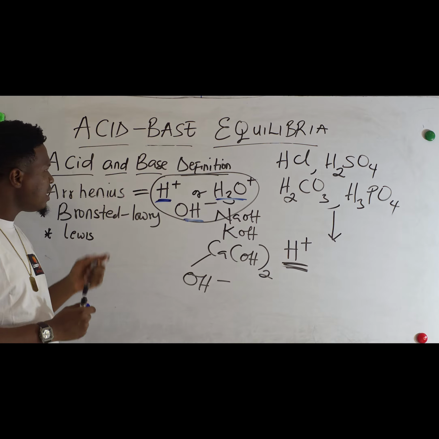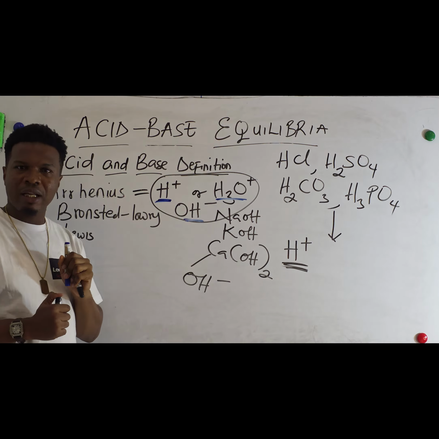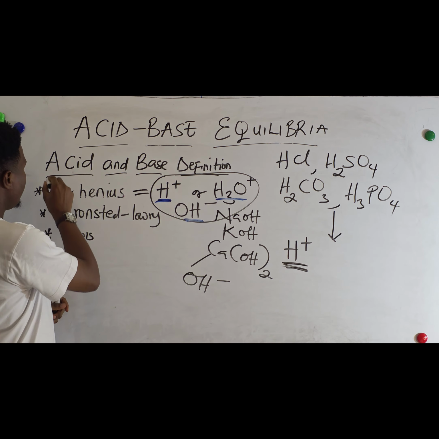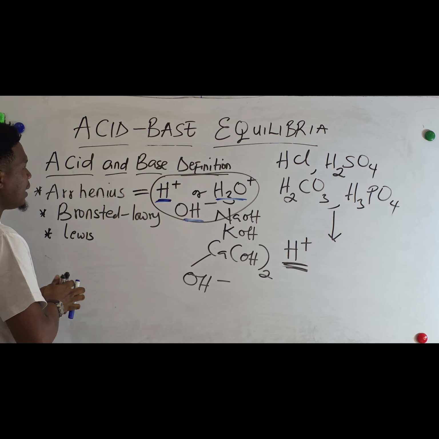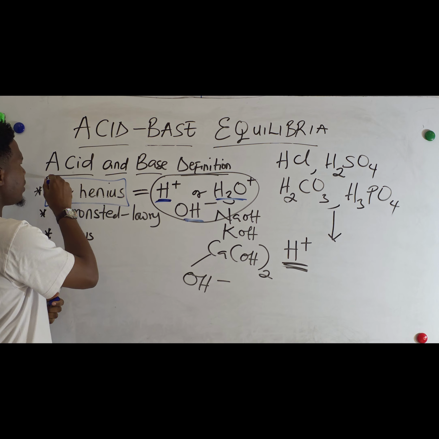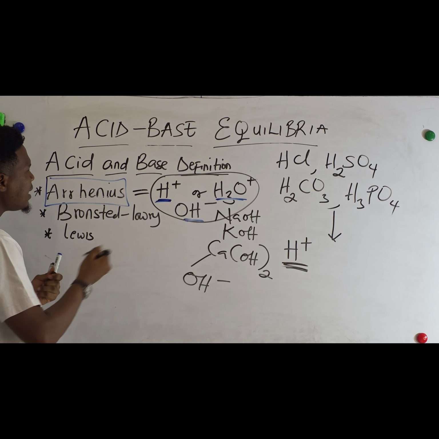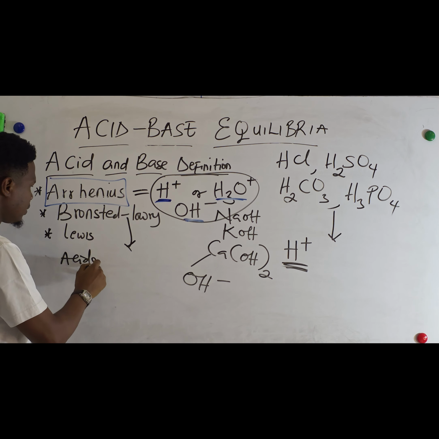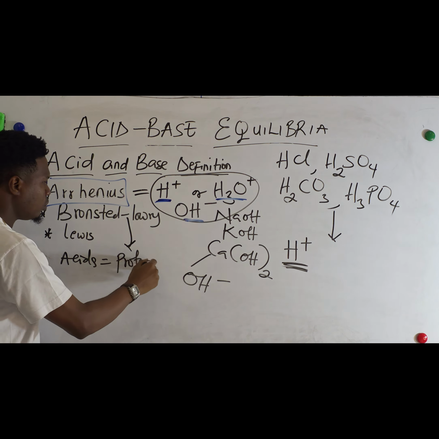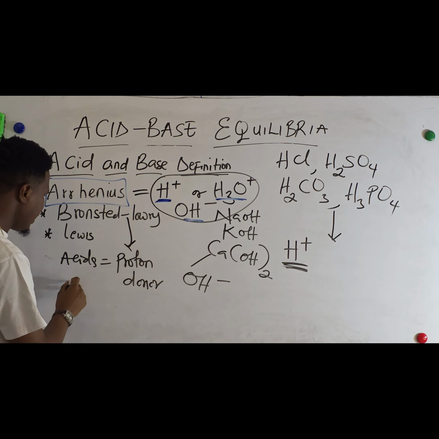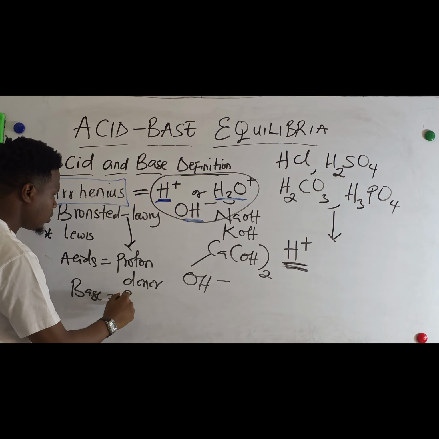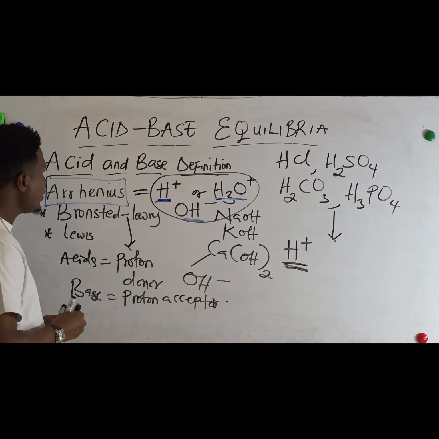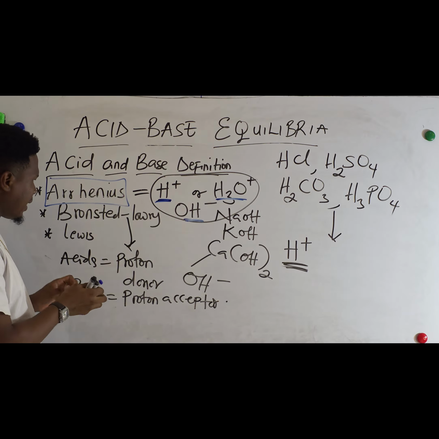The next is the Bronsted and Lowry definition. Remember that we have talked about this. For the Bronsted and Lowry definition, acids are called proton donors, while bases are called proton acceptors.